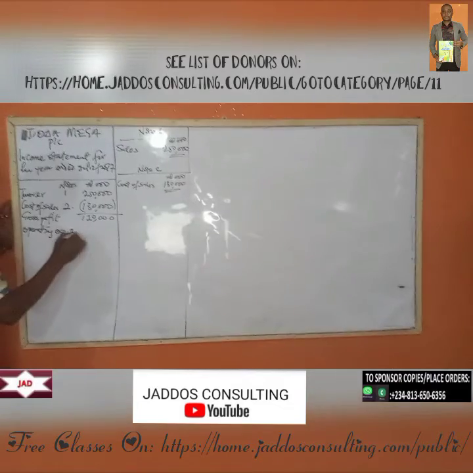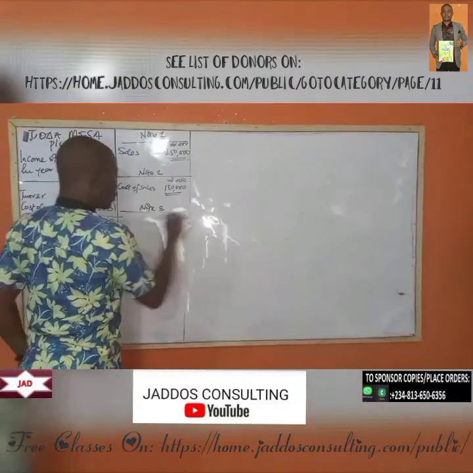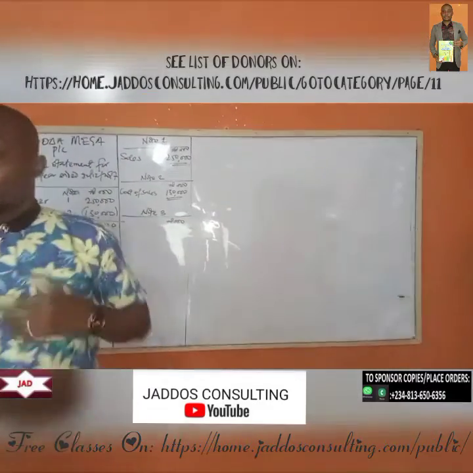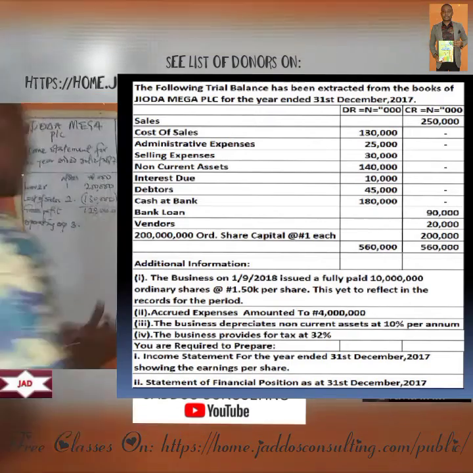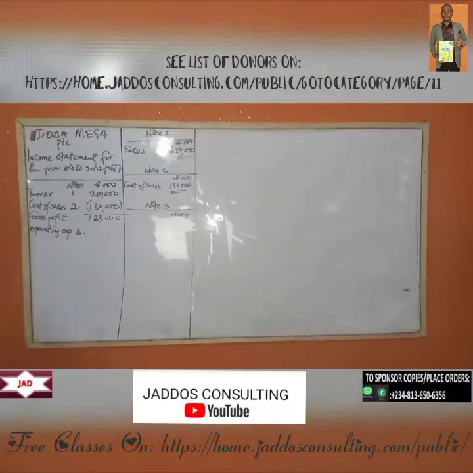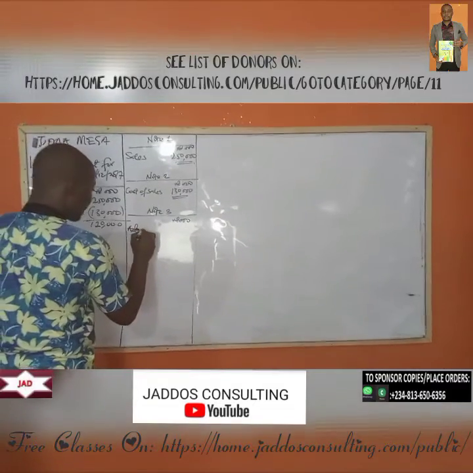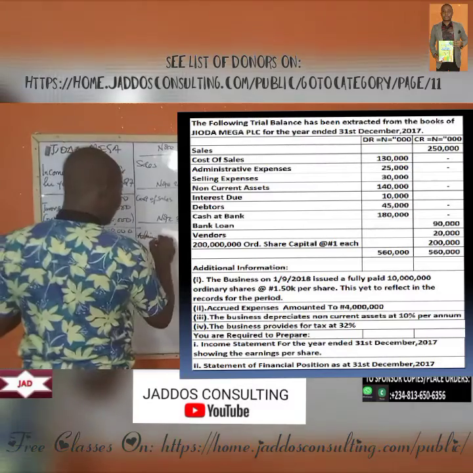So that will be on note 3. So note 3 will be operating expense. Of course, that will be expenses excluding interest and depreciation and tax. Okay. So what do we have there? Admin expense. So we have admin. What's admin there? 25 million.